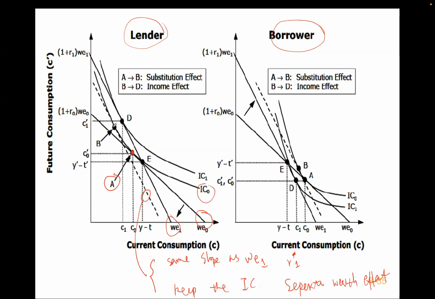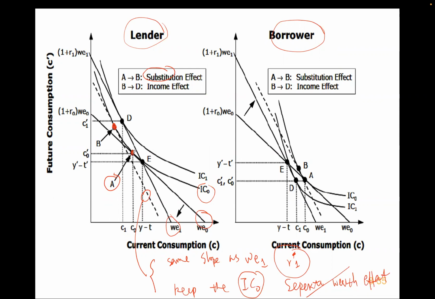You have a new consumption bundle B, and A to B is a pure substitution effect. Why is it a pure substitution effect? Because we separate the wealth effect, since we stick with the same IC0. At the same time, we include the interest rate R1, because the budget line is getting steeper. A to B is a substitution effect.